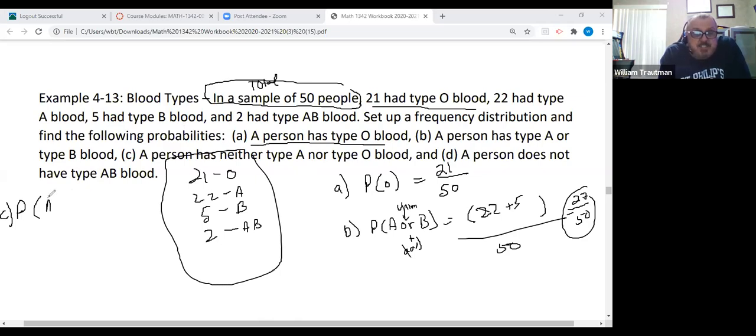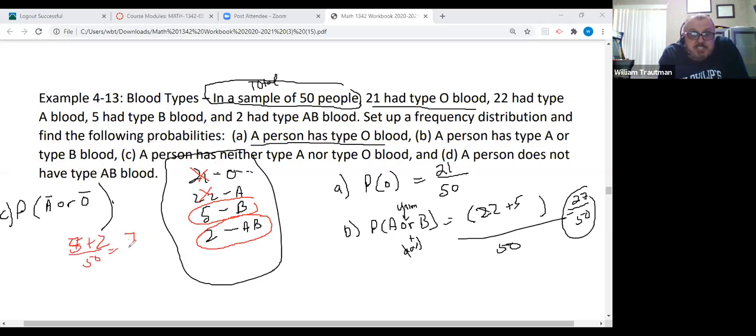Neither A nor O means they don't have A and they don't have O. So let's look at all the ones that don't have A or O. B is not A or O, and AB is not A or O. We can't count the others because it says neither A nor O. So the answer is 5 plus 2 over 50, which is 7 out of 50.